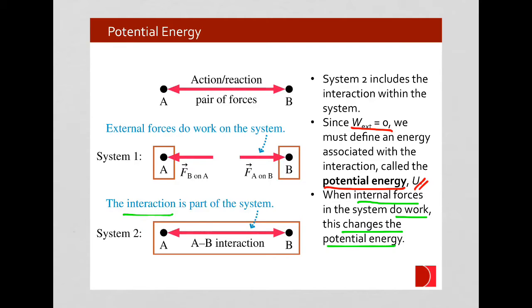Basically, you're storing that energy in this interaction, and as these internal forces do work, they release some of the energy as work is done on them, or as these interacting forces do negative work, that energy is stored in the potential energy.